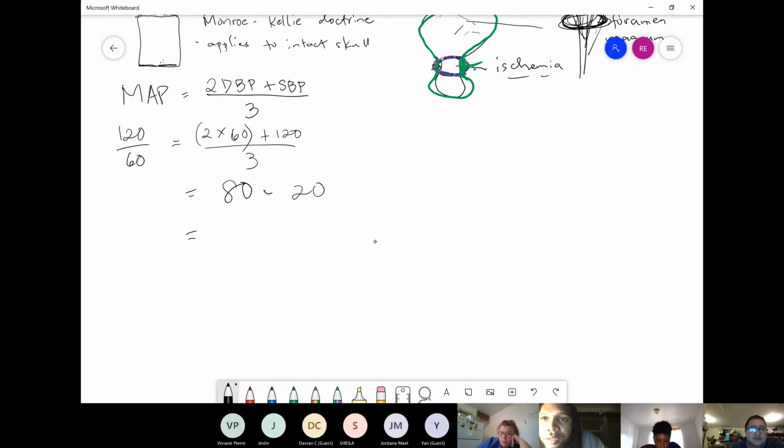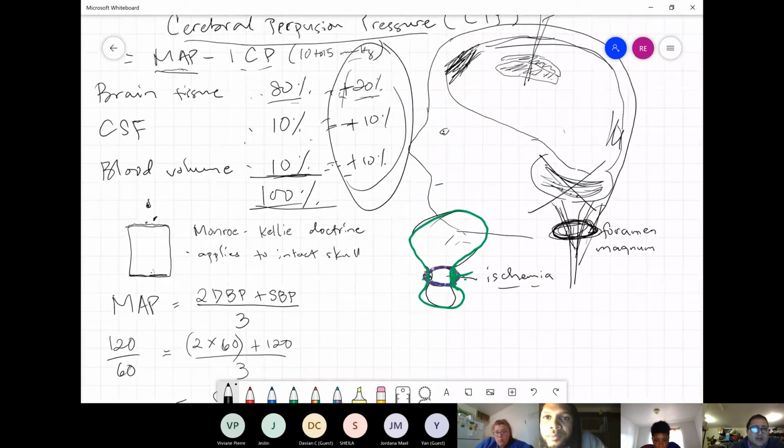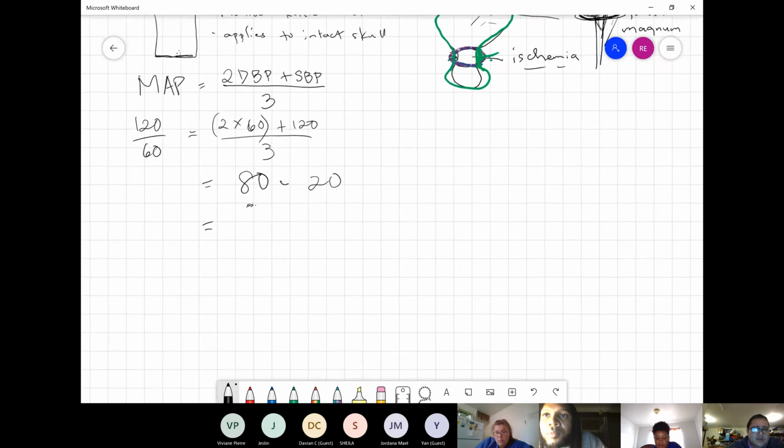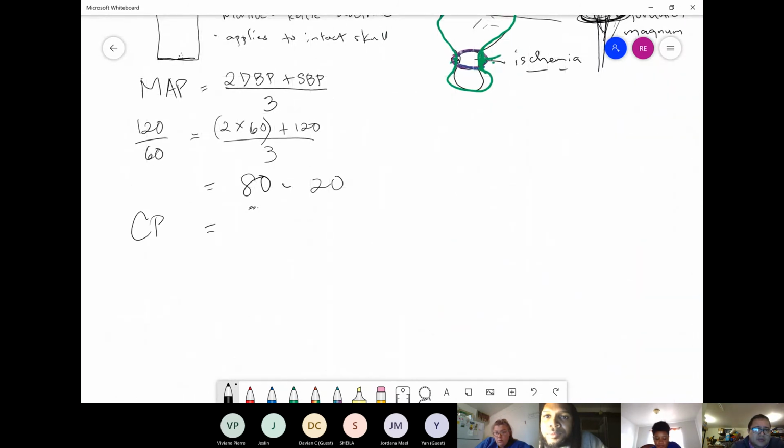We already have the MAP, which is 80. Now I'm going forward with this: MAP minus ICP. So CPP therefore is what? 80 minus 20 equals 60 millimeters of mercury.